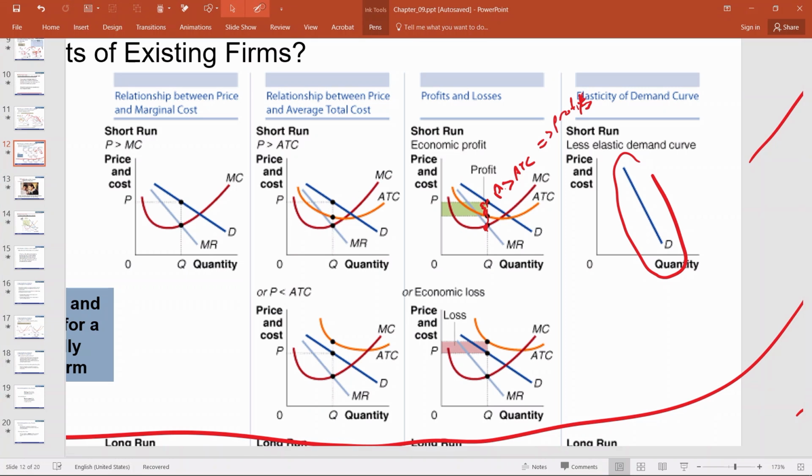Here it is a loss because the price here is less than average total cost. So this is average total cost. Here is also a loss because price is less than average total cost. This one here is a profit because the price is greater than average total cost.